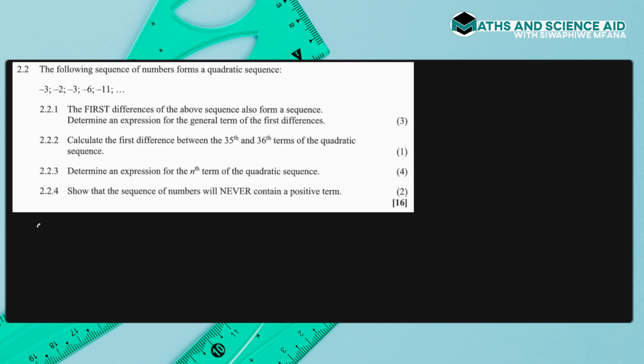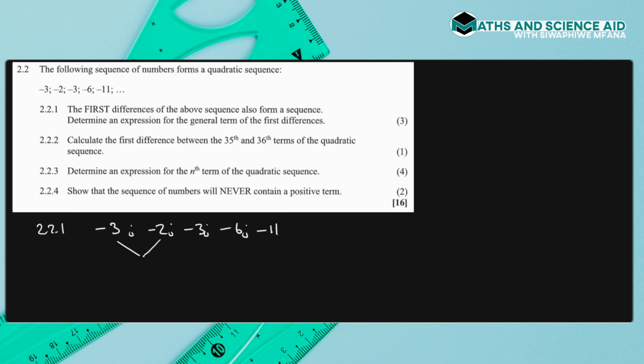So to answer 2.2.1, we definitely need to start off by working out the first differences of the sequence. So we have -3, -2, -3, -6, and we're also given -11.